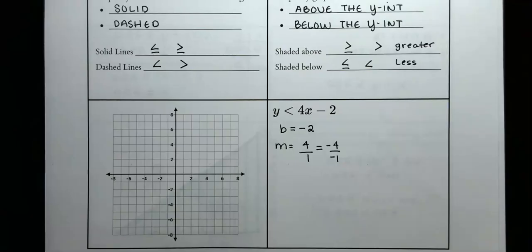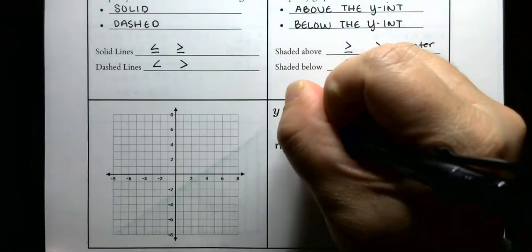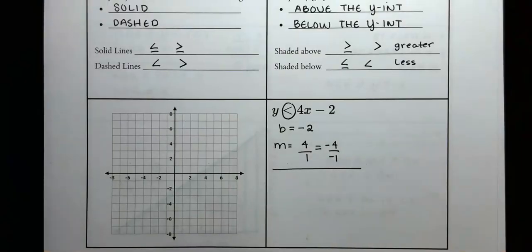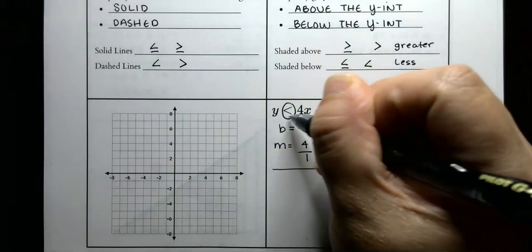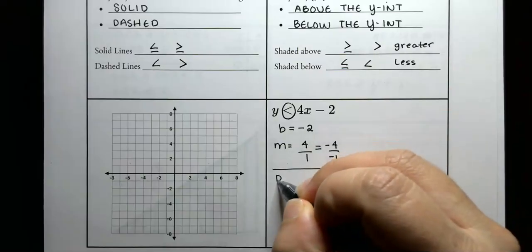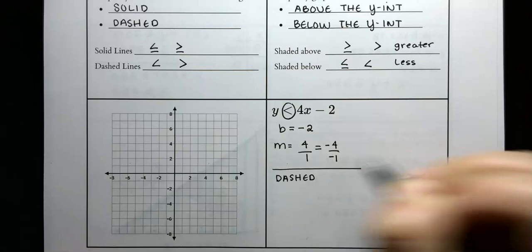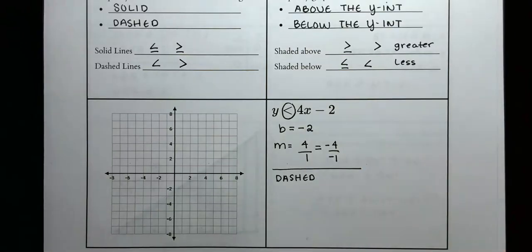All right, I'm going to go ahead and write in what I know about this symbol right here. I'm going to draw a line so we can talk about what the symbol represents. The first thing I'm going to ask is, is this going to be a solid or a dotted line? Because this one does not have an equal to, it is going to be a dashed line, which means the same thing as dotted.